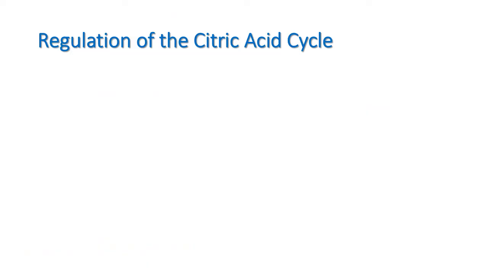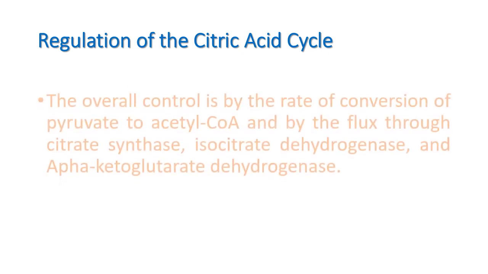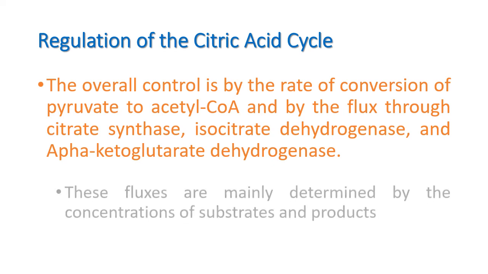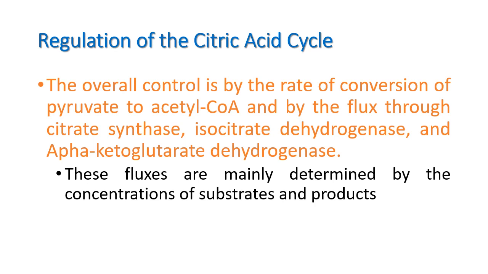A little bit about regulation of citric acid cycle. The overall control is by the rate of conversion of pyruvic acid to acetyl CoA, and number 2 is by the flux through citrate synthase, isocitrate dehydrogenase, and alpha ketoglutarate dehydrogenase. These are the 3 main enzymes that regulate this process. So these fluxes are mainly determined by the concentration of substrates and product.